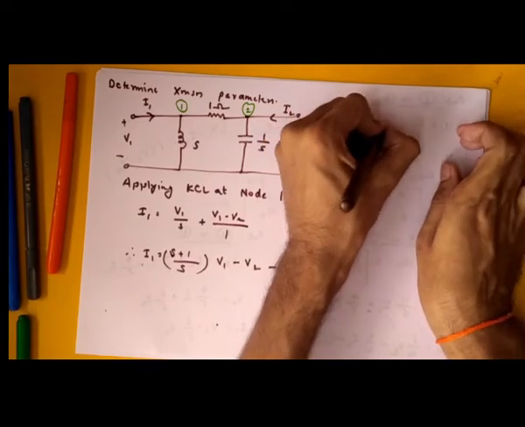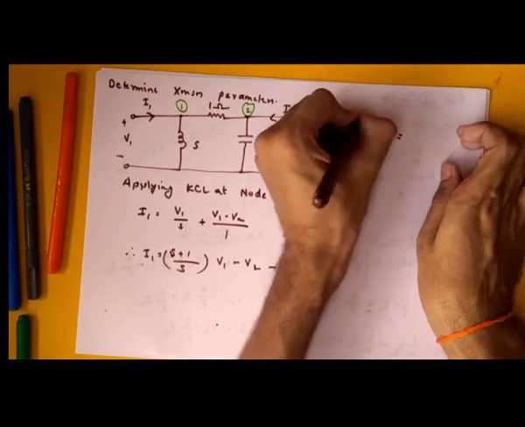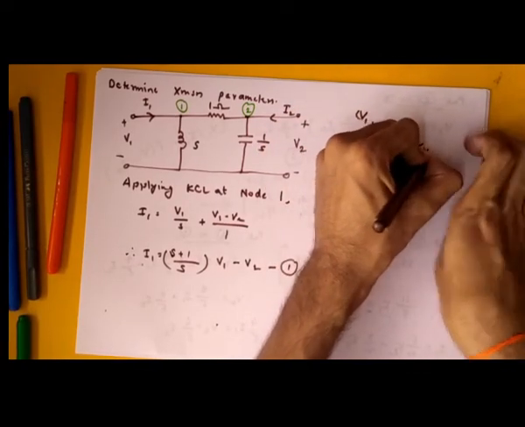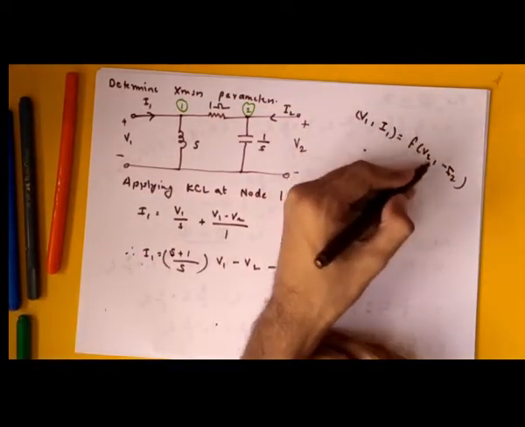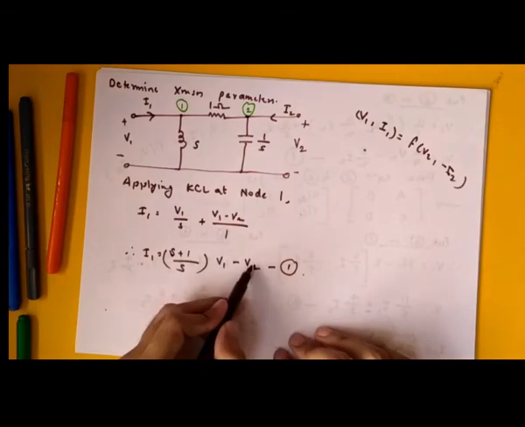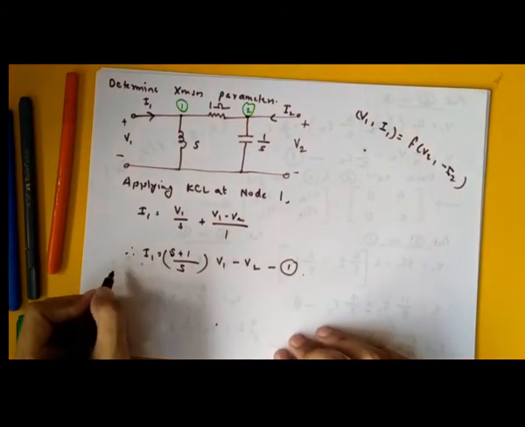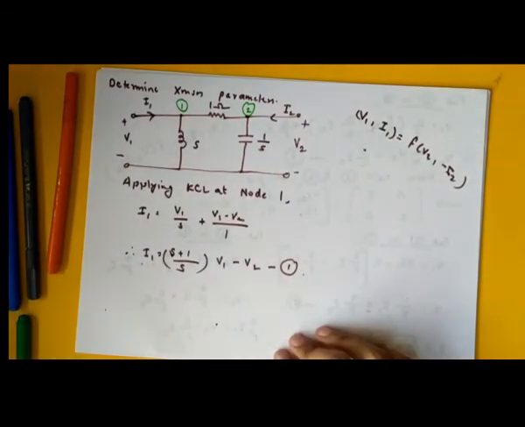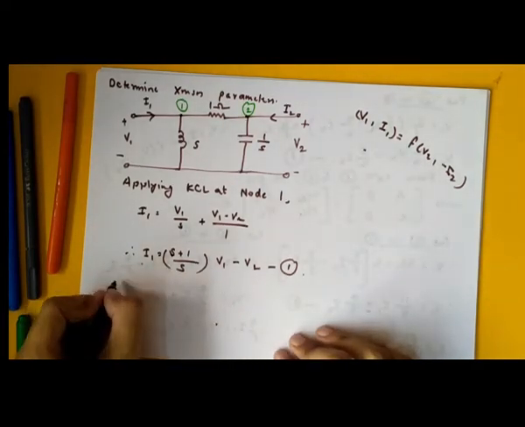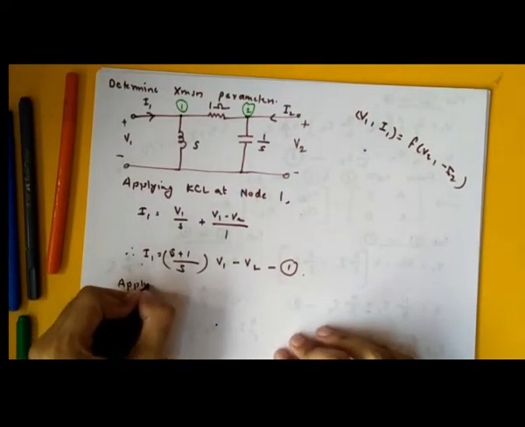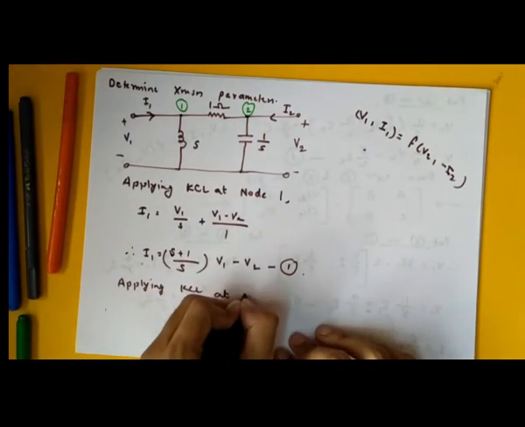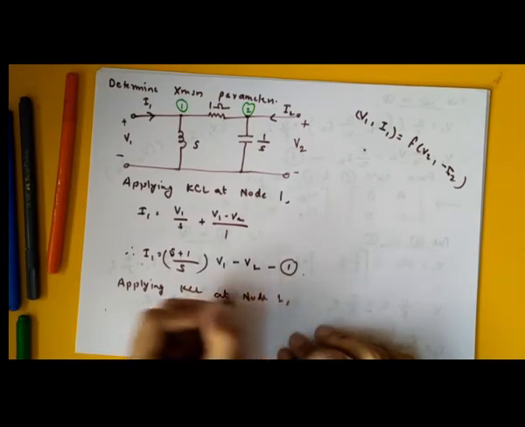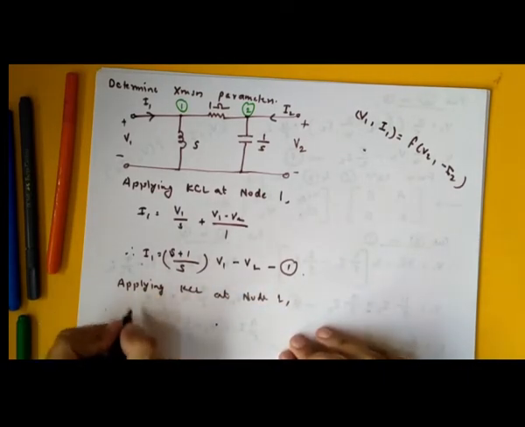Again, transmission parameters, so V1 comma I1 is a function of V2 comma minus I2, right? So I1 should be in terms of V2 and minus I2. So we will later substitute this V1. Then applying KCL at node 2, what will we get?